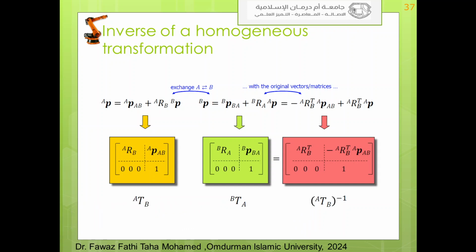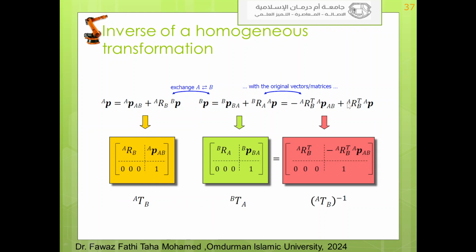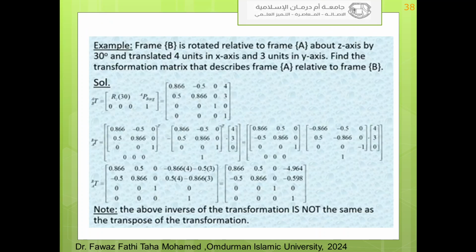This will represent the translation vector, and this term, RBA transpose multiplied by PA, will represent the rotation matrix, because here we have to represent this vector from frame A to frame B. So here we have a simple conversion relationship between direct homogeneous transformation and inverse homogeneous transformation.